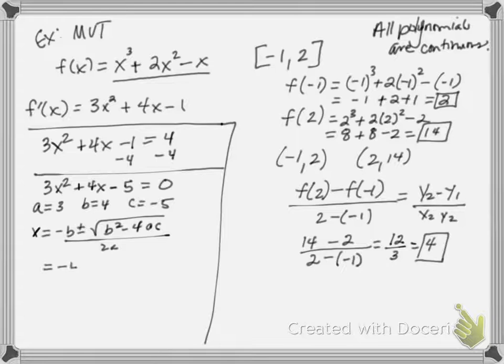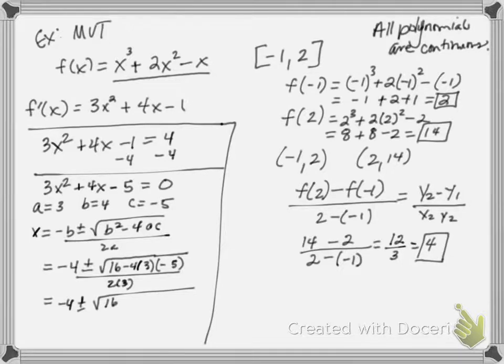So I'm going to have -4 plus or minus the square root of 4 squared, which is 16, minus 4 times 3 times -5, all over 2 times 3. So I'm getting -4 plus or minus the square root of 16, and -12 times -5 is +60, all over 6.